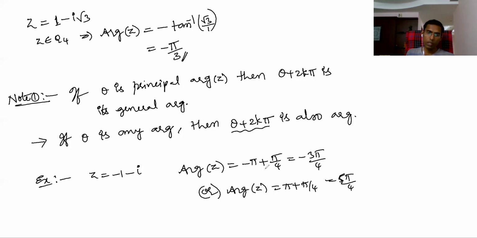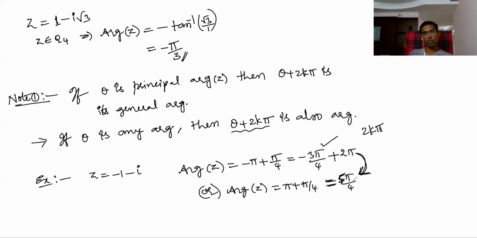But what I am saying is, if this is a general argument, I can add 2 pi. If I add 2 pi, I am going to get this general argument. Okay, 2 pi, 4 pi, 6 pi, 2k pi, if I add 2k pi.